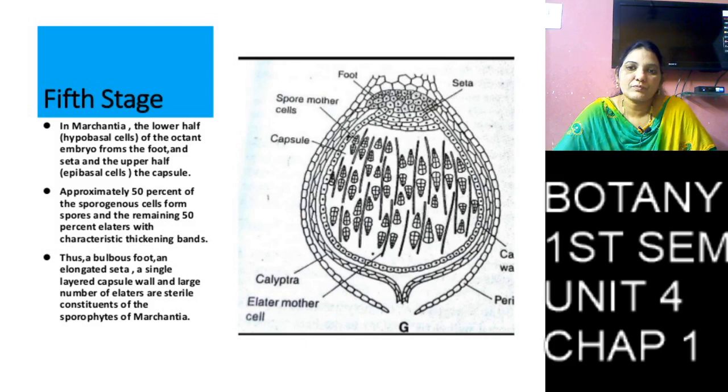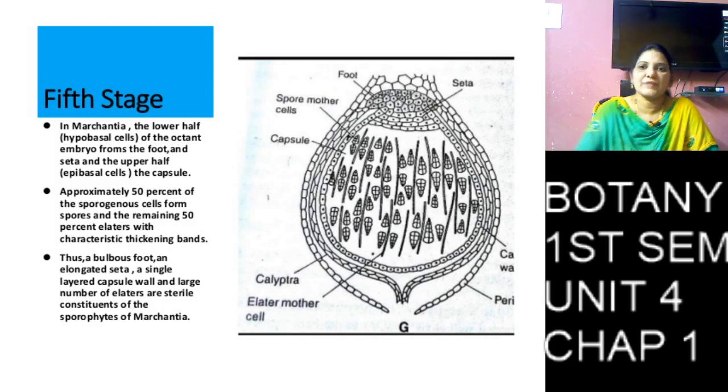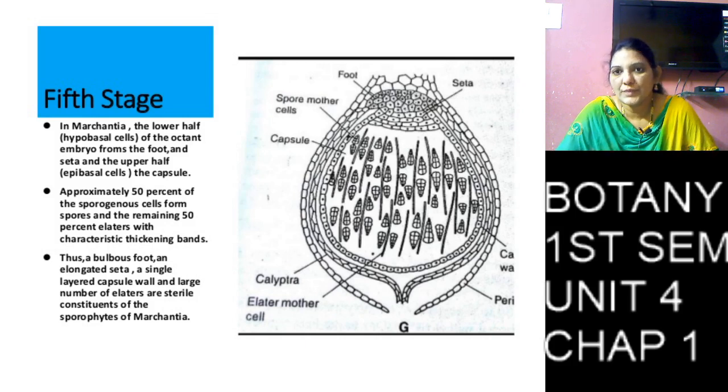The remaining 50% fertile spore mother cells undergo meiosis. The spore mother cells are diploid, so they undergo meiosis and divide into 4 cells, and that stage is called the tetrad stage.